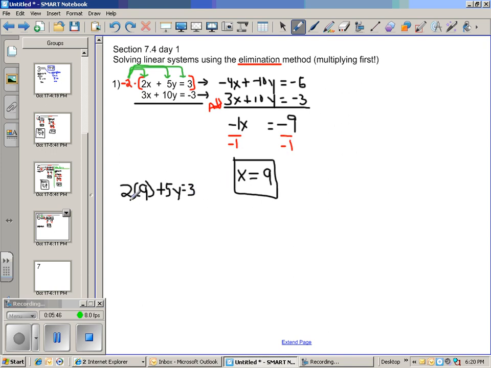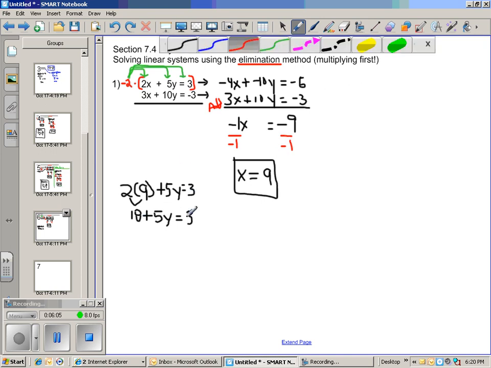Well, here's our algebra problem. We know how to multiply 2 times 9, that's 18. The 5y is going to drop down, and that was equal to 3. Looking at this, we're now looking at a two-step algebra problem. So we'll tee it up.